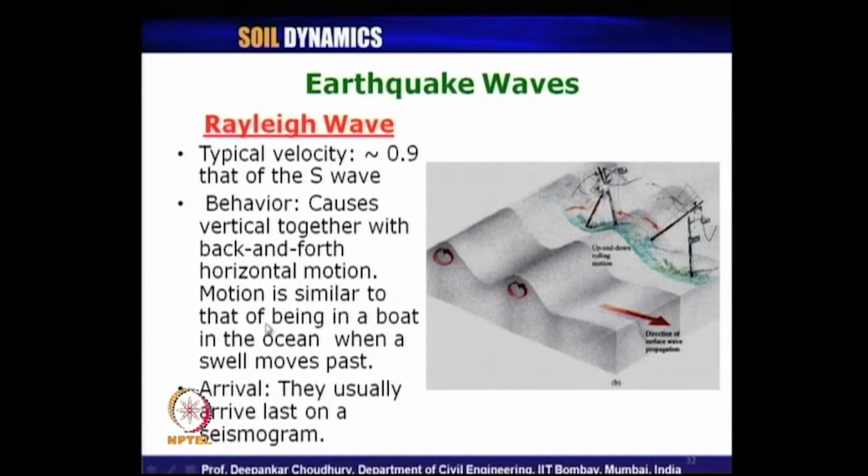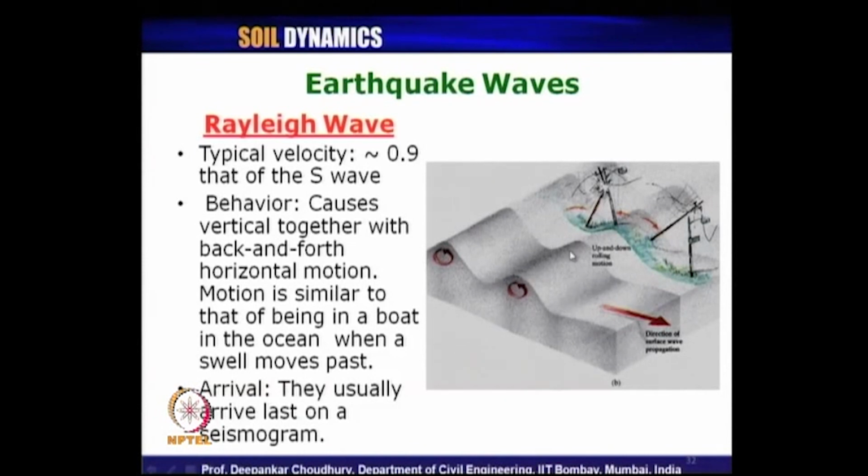So, motion is similar to that of being in a boat in ocean when a swell moves past. And the arrival of Rayleigh wave in a seismogram, they usually arrive last on the seismogram. What does it mean? The Rayleigh wave is having the least velocity among the four categories of the waves we are studying. So, that is why they arrive last on the seismogram.